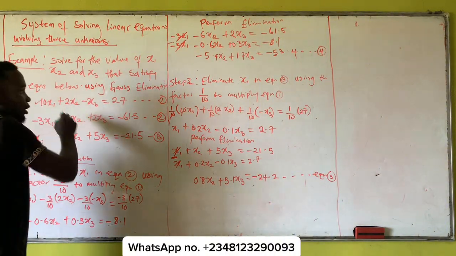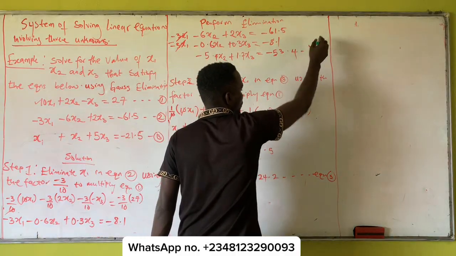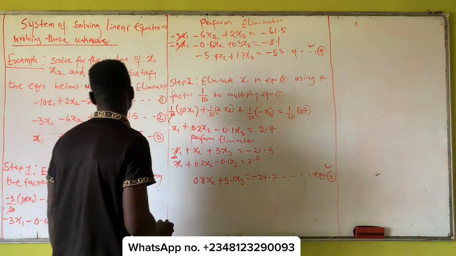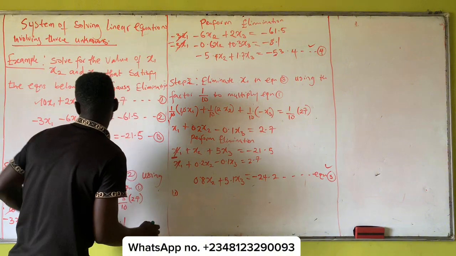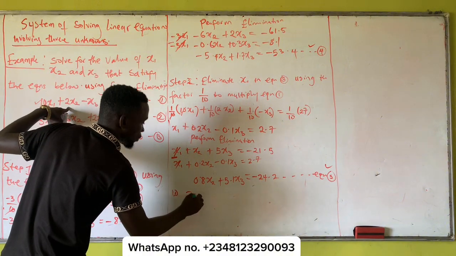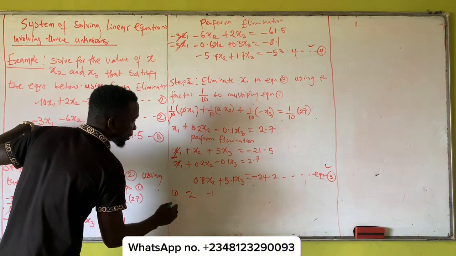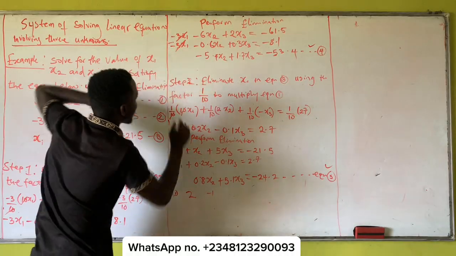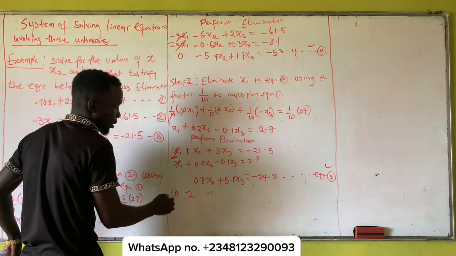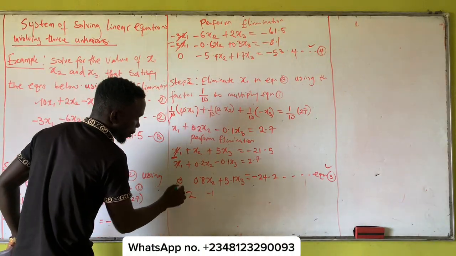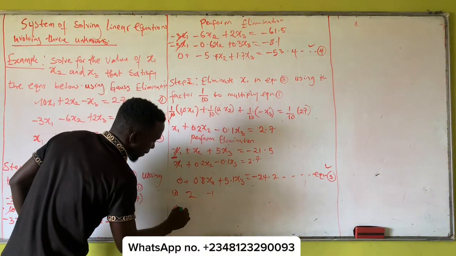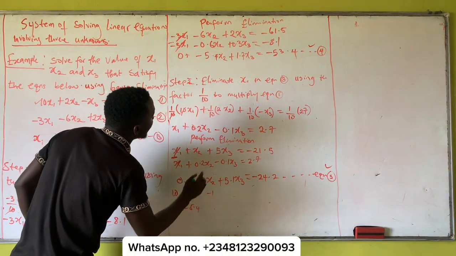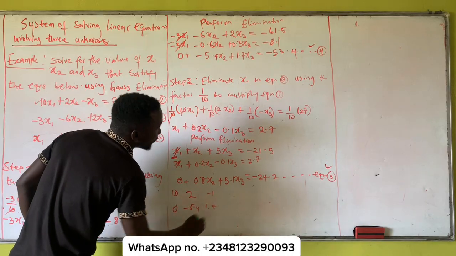Now if we form our matrix with these equations, remember this one doesn't change, and this is the new equation that we have. So if we form the matrix with these 3, we are going to have 10, 2, minus 1. Then our new equation here. Remember, we've succeeded in removing this one to be 0 and also this one to be 0. So these become 0, minus 5.4, and 1.7.